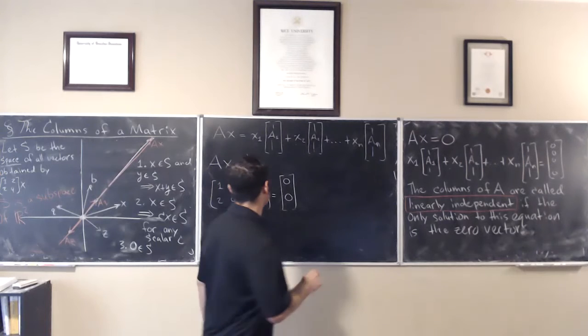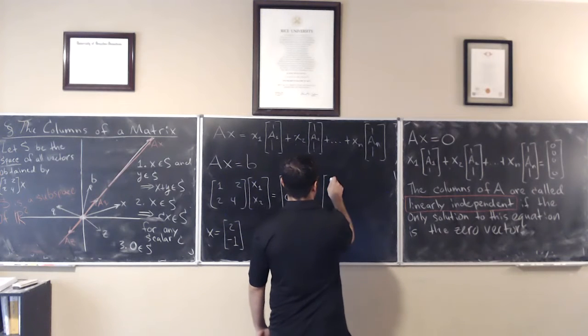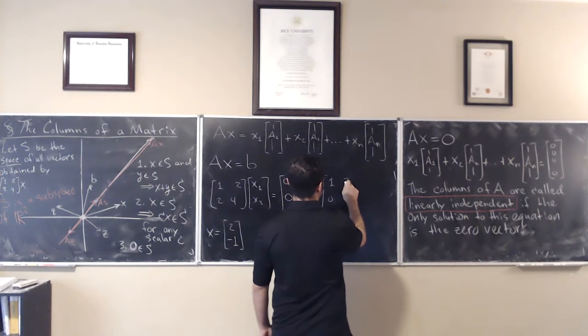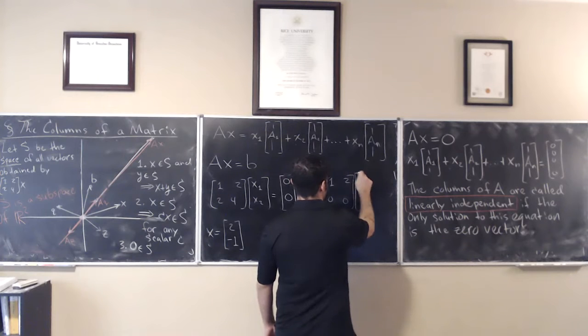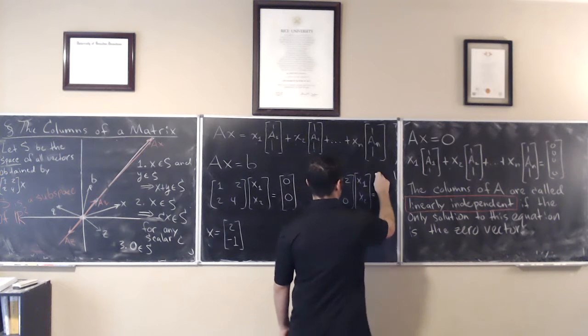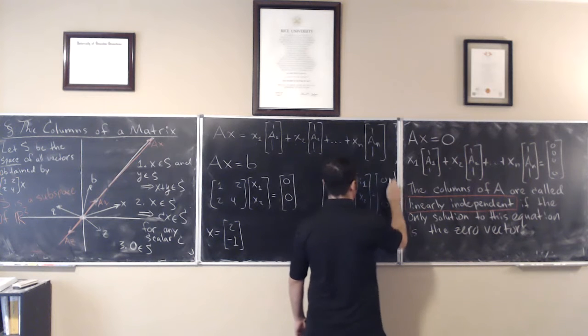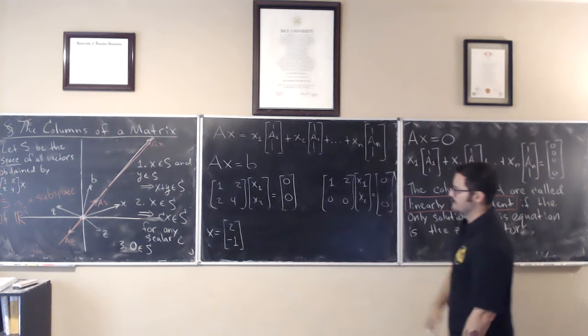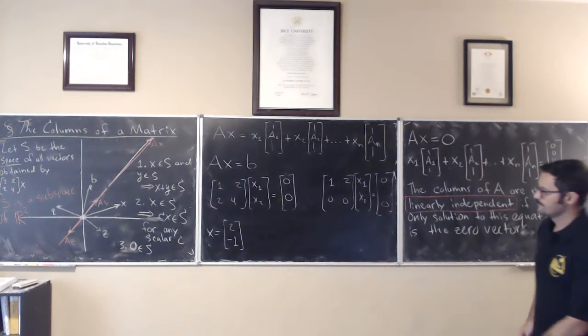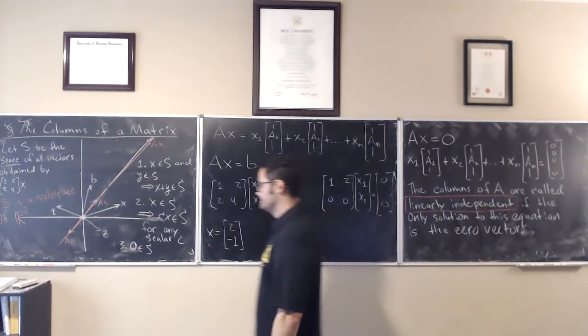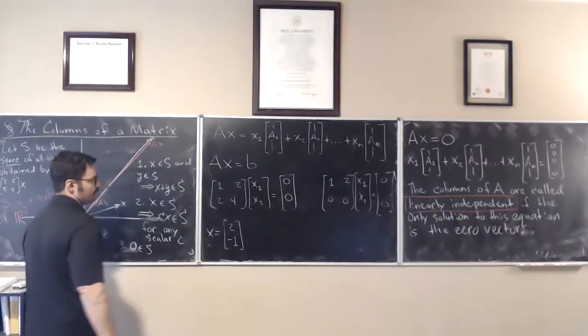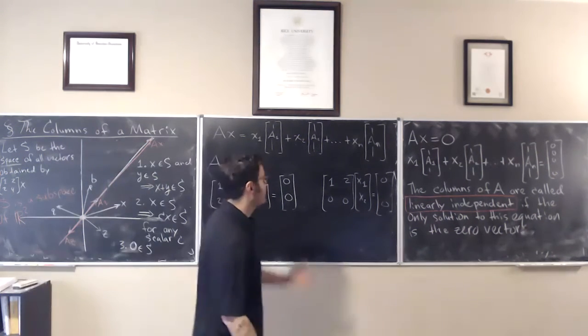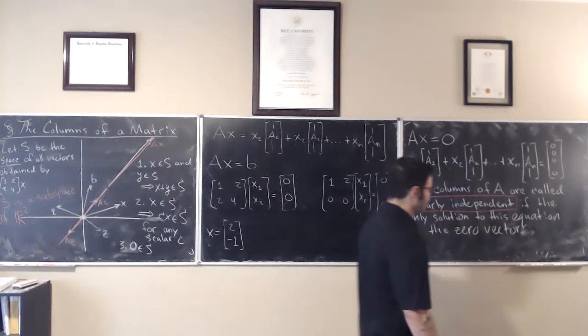What was the other matrix we had? It was 1, 0, 2, 0. Does this have a non-zero solution? You can use 2, -1 again. Oh yeah, that's a solution for that one as well.